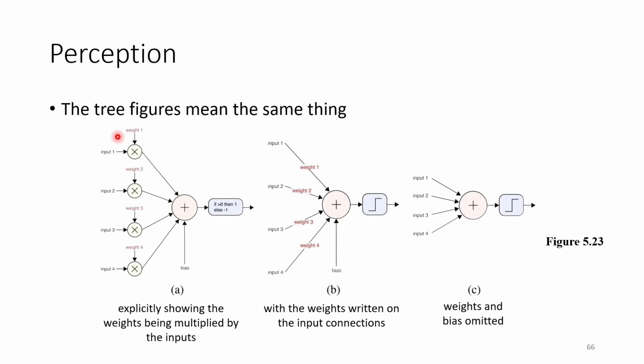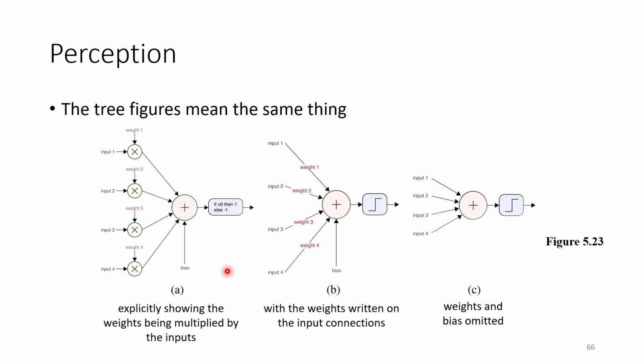We multiply the weight to the input value and multiply the second weight to its second input value and sum them up and add a bias. Then send it to an activation function and we will get an output. So this unit is called a perceptron. Why is it called perceptron?